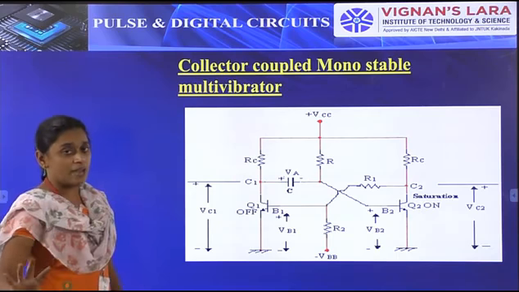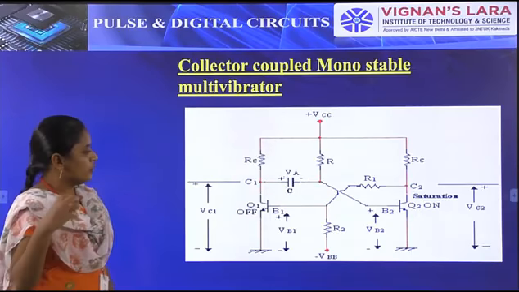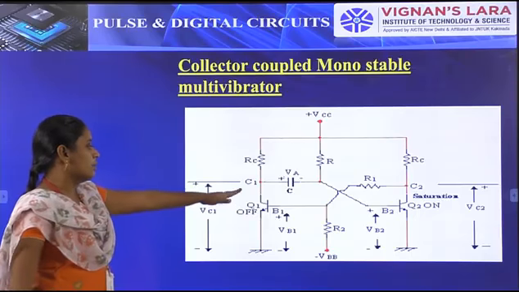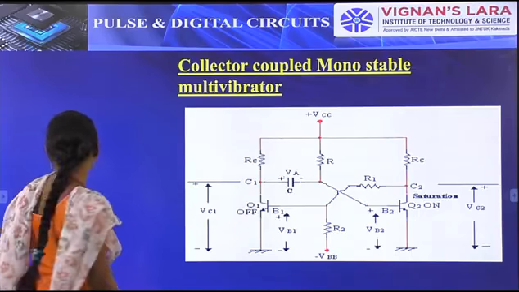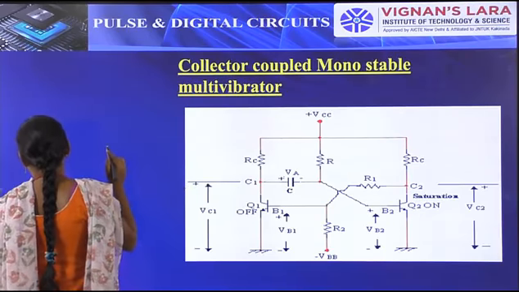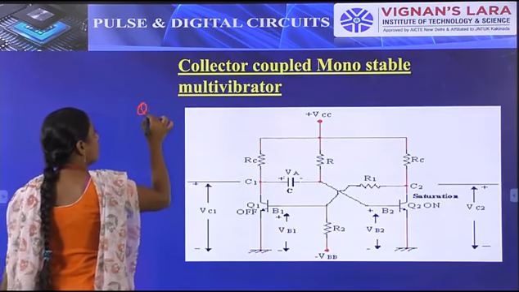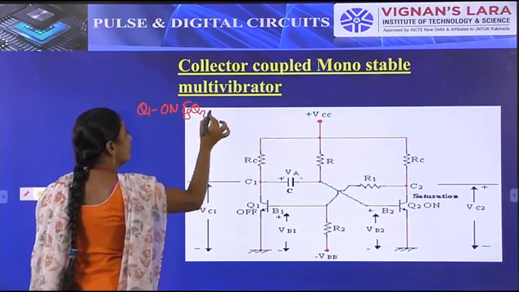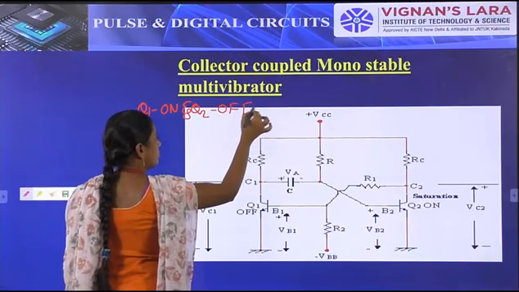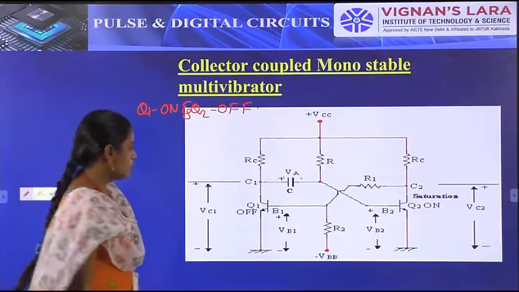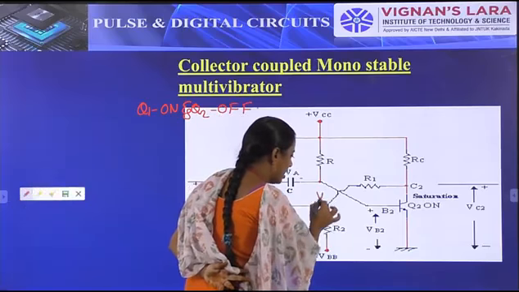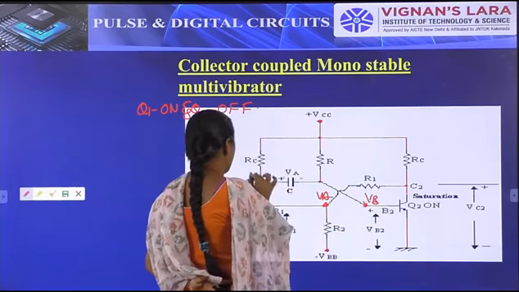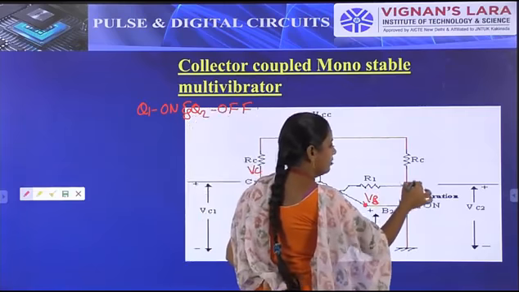But at this time, what happens? What is the condition? We apply a triggering pulse, then Q1 goes to on condition and Q2 goes to off condition. So this one will be VA, this one VB, this one VC and VD.